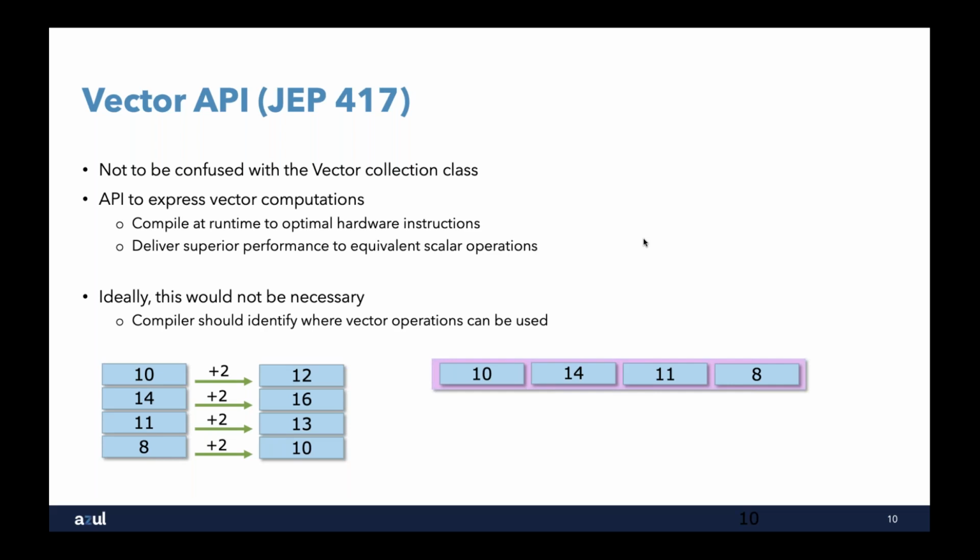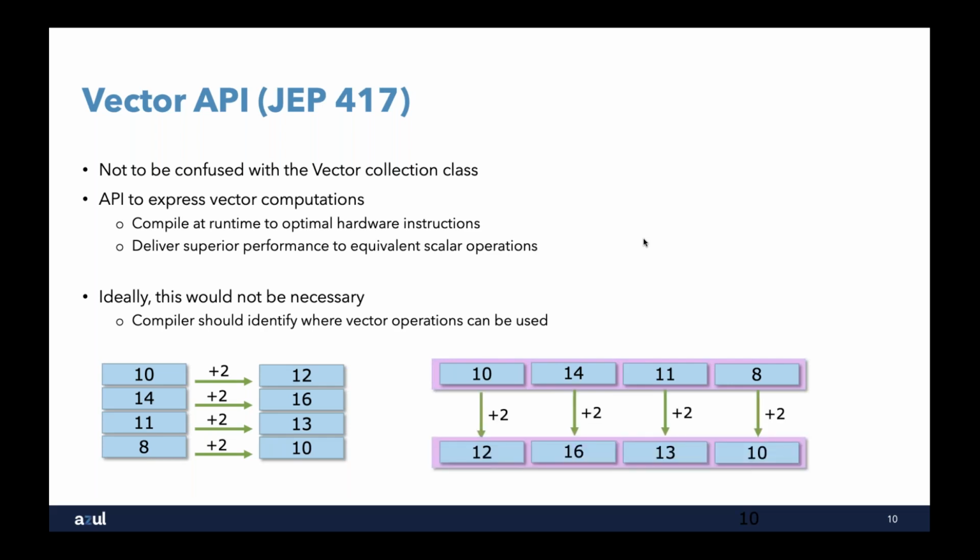We can load that up with 4 values in this case, and when we run a single instruction on that, the hardware will understand that we're not just adding 2 to the whole register, we're adding 2 to each section of the register. So it takes the appropriate action and we get the right results. But we're doing 4 in parallel, reducing the amount of time it takes to process our array.